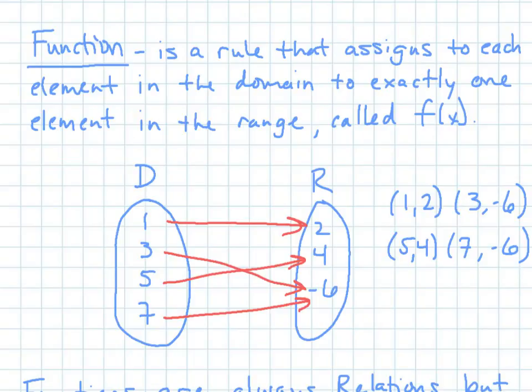So the rule assigns to each element in the domain exactly one element in the range. That's how we get the f of x, the notation or function notation that we use to represent a function.